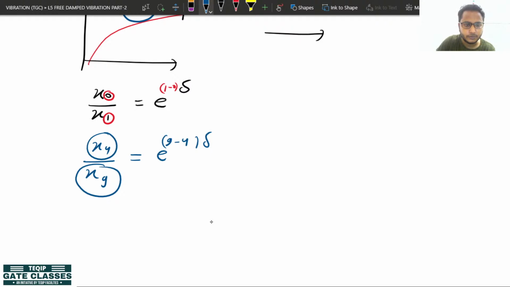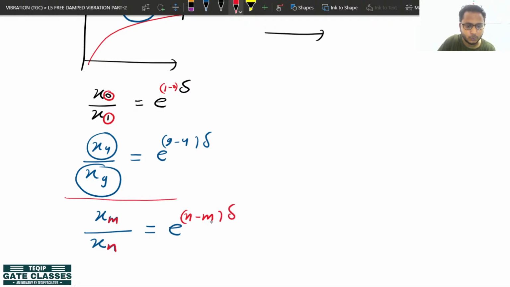Okay, so now I'm going to make the formula for xm divided by xn, and it will be exponential to the power, here it is m, here it is n. Okay, it is the value which is at the denominator, n minus m multiplied by delta, right? And this is the general formula, right?